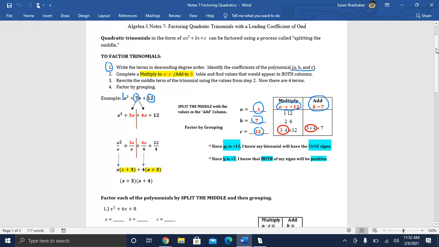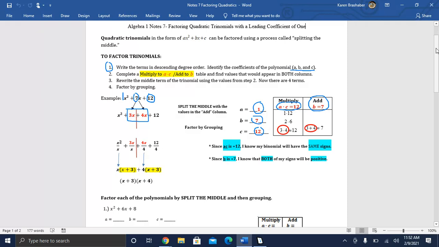And once you discover those numbers, we'll use those numbers to take your middle term, whatever it was, and split it up. So in the example you see showing on your screen, I had 7x and I split it into 3x and 4x.